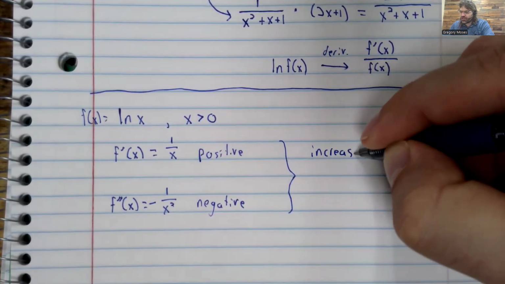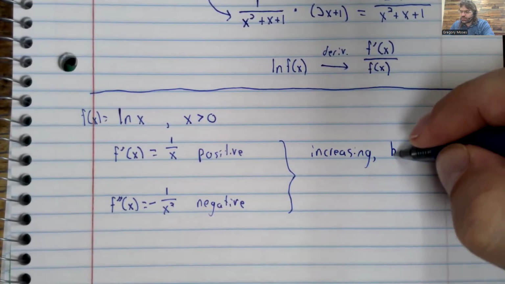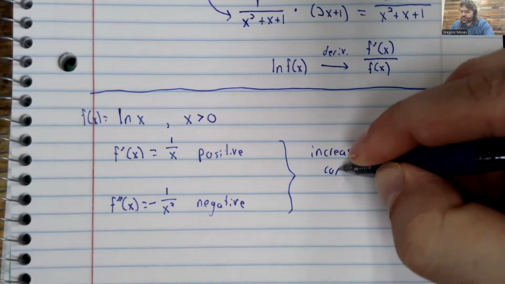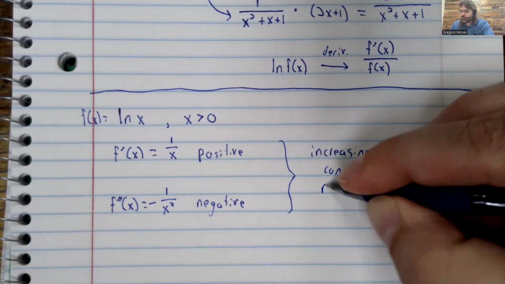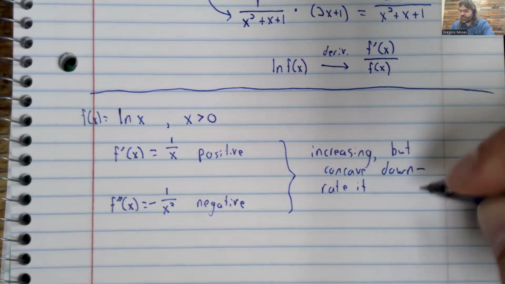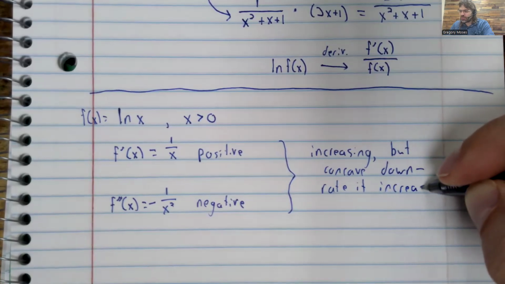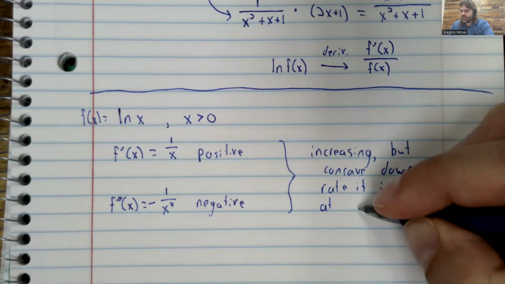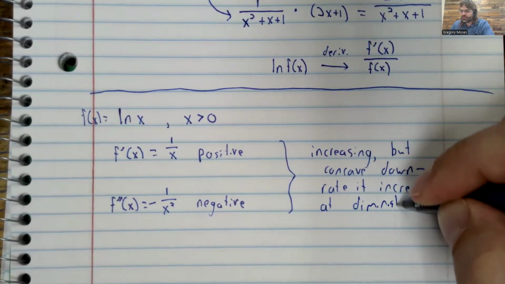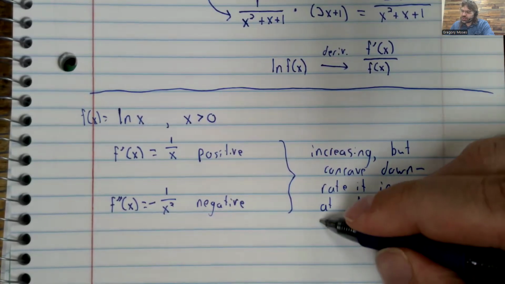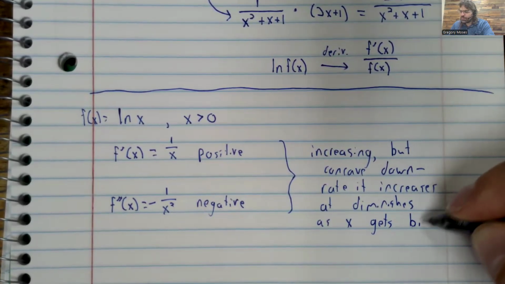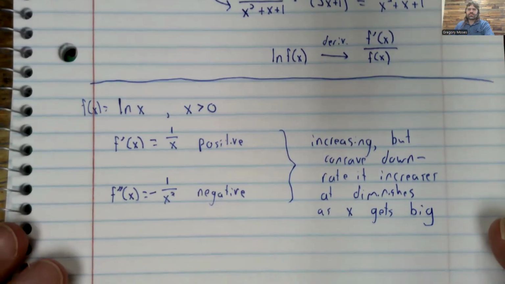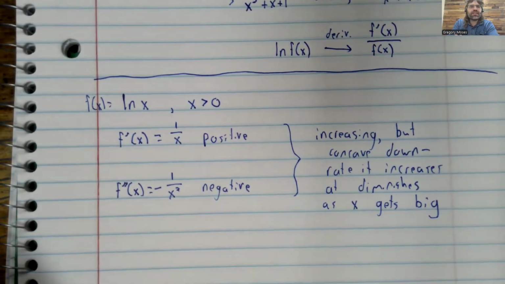So the natural log is always increasing, but it's concave down. The rate it increases at diminishes as x gets big. And we could see that directly from the derivative as well.